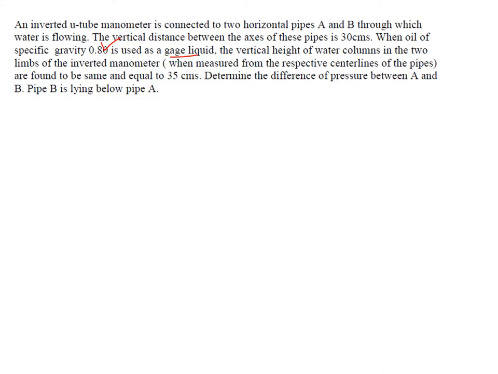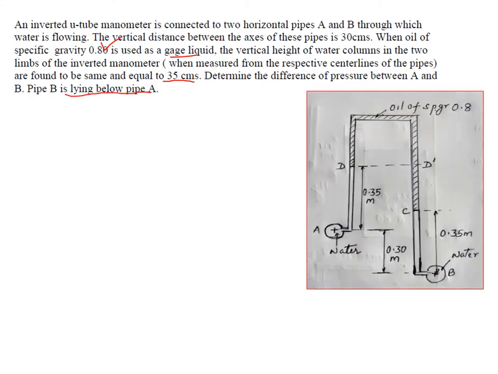The vertical height of water columns in both the limbs, left and right, is the same and equal to 35 centimeters. We have to find the difference of pressure between points A and B. Pipe B is lying below pipe A. So this is the sketch. Here we have pipe A where water is flowing, and again pipe B where water is flowing.